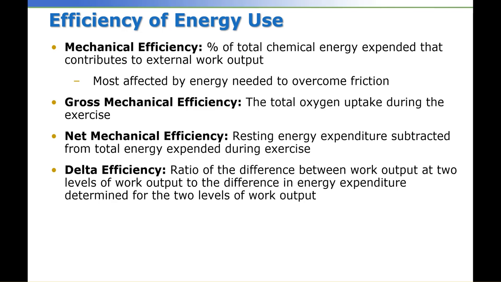Net mechanical efficiency is the resting energy expenditure subtracted from the total energy expenditure during exercise. Delta efficiency is the ratio of the difference between work output at 2 levels of work output to the difference in energy expenditure determined for the 2 levels of work output.